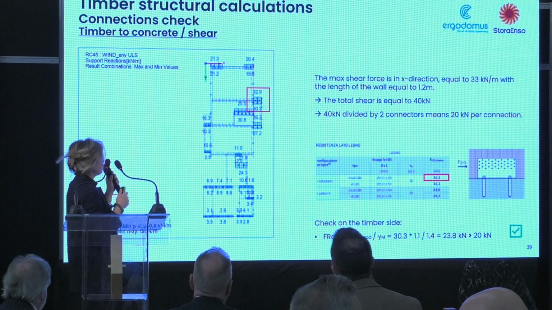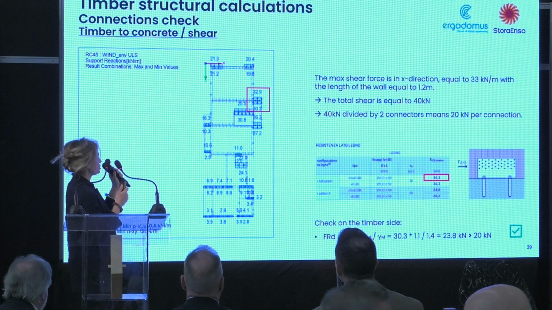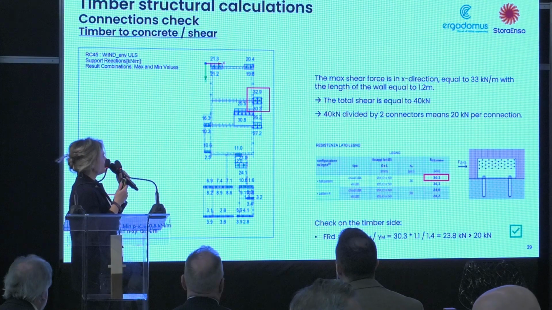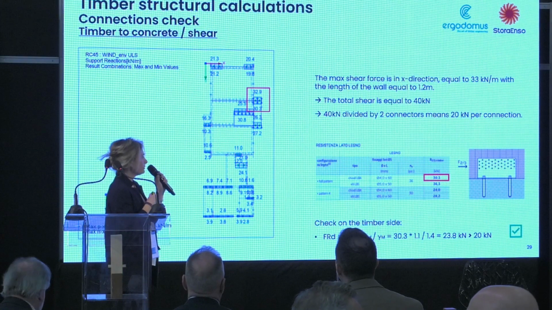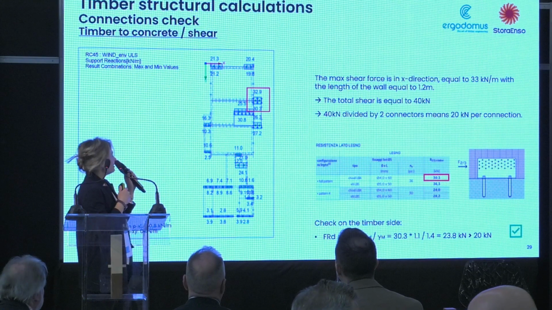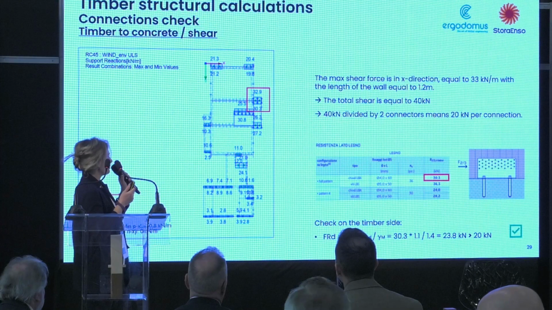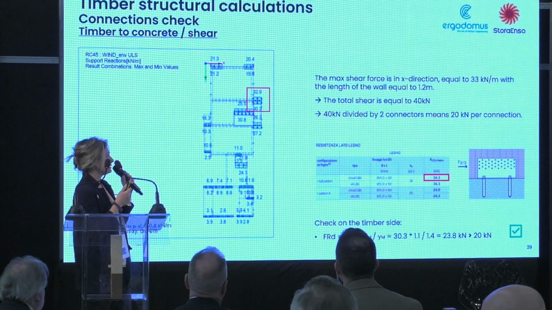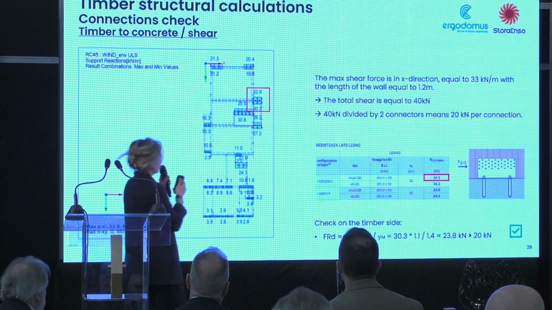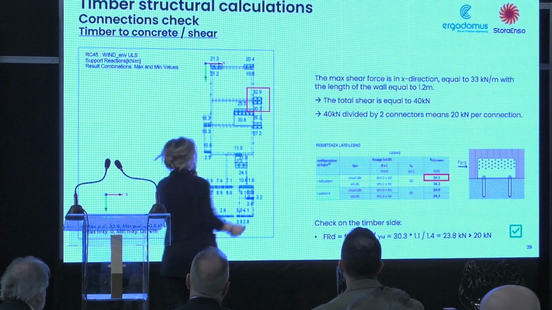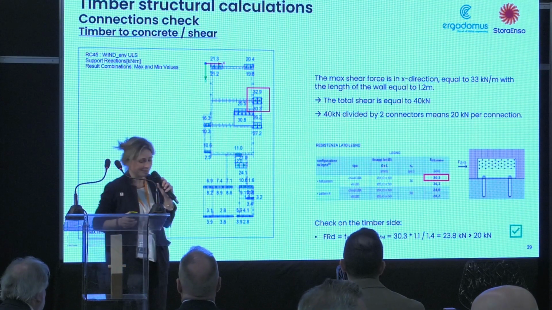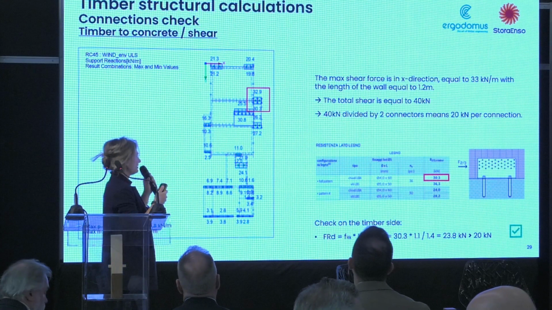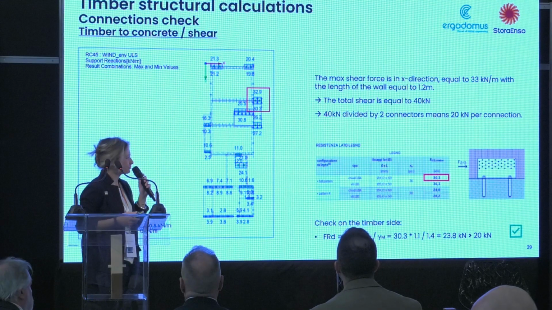We are able to extrapolate the maximum shear force that is equal to 40 kilonewton. We can divide this total shear by 2 connectors. So it means that each connector, located in these small pieces of CLT, should resist 20 kilonewton.